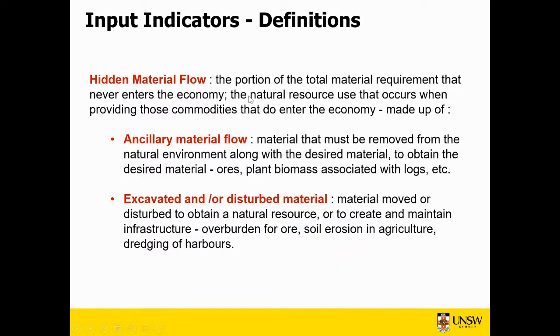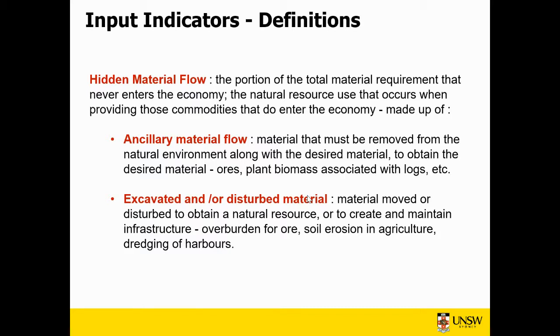Giving concrete examples of this, we break them into different types of materials. One of them is called ancillary material, which are materials which are actually removed from the natural environment, but then they don't enter the main industrial process. So, for example, if you're looking at wood logs for construction or paper production, whatever you're going to do with them, normally you will cut a tree, right?